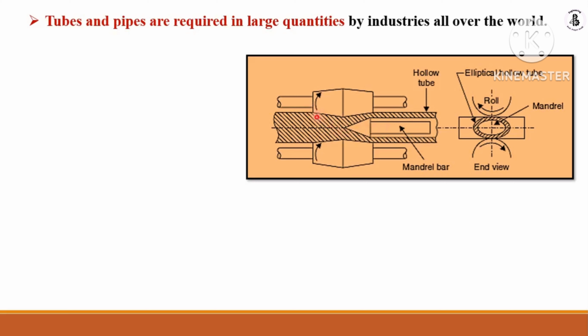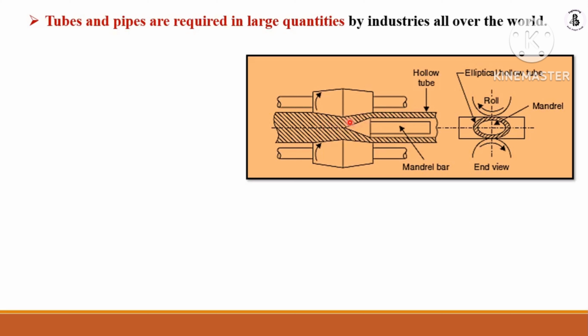By the rolling of these two rollers, the raw material travels from left side to right side, and this is the sharp edge. Because of this sharp edge of the mandrel bar, the material divides into two ways like this. This is the cross sectional area, so there is a circular path.